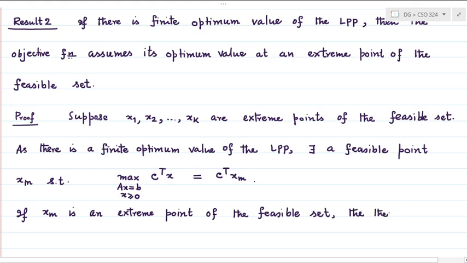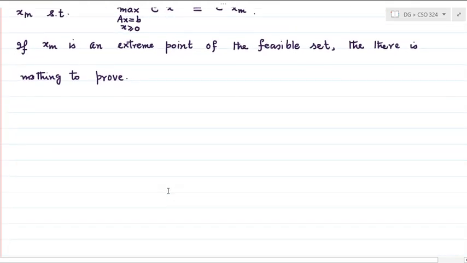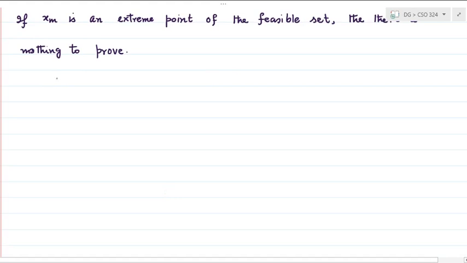There is nothing to prove. However, if xm is not an extreme point, then in that case, we proceed with the following logic.